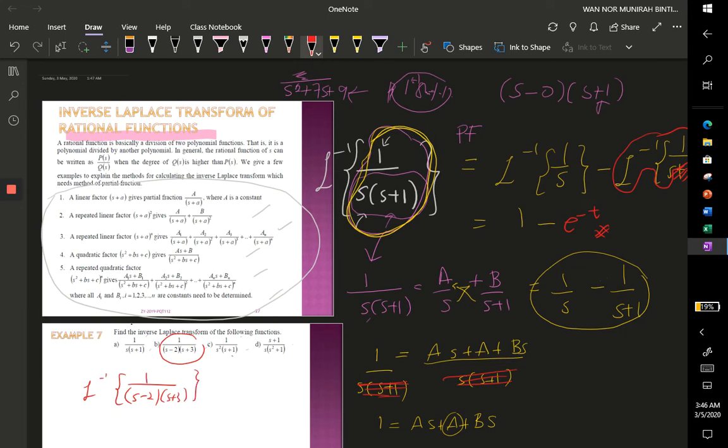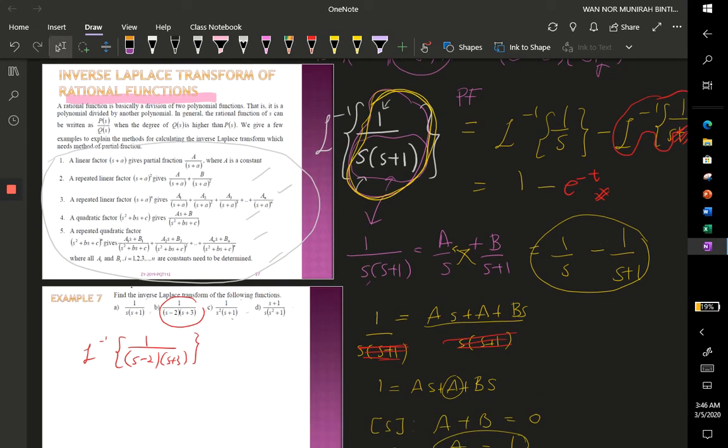Initially the question is 1 over S squared plus 5S plus 6. What you need to do is factorize your denominator, because this one is a polynomial, and this one is also a polynomial.